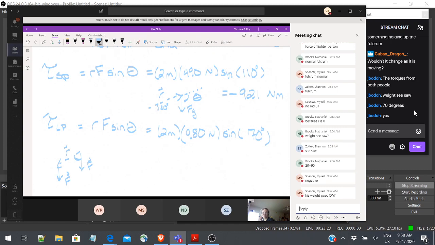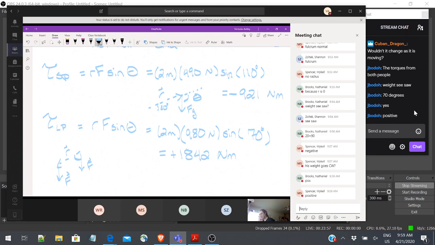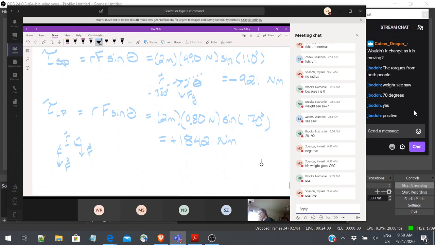It ends up being the other way around, but you get the same number either way. Times 2 times 980. Okay, so I get 1842 Newton meters. Is this one positive or negative? Positive. Yep. Because it's making it go counterclockwise.